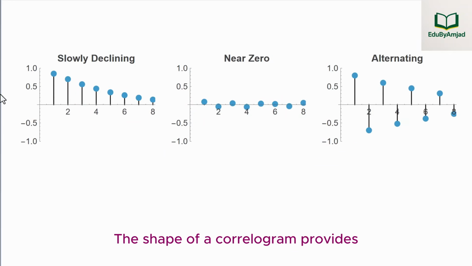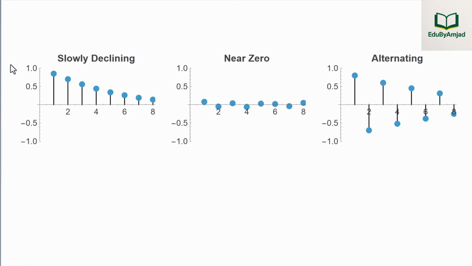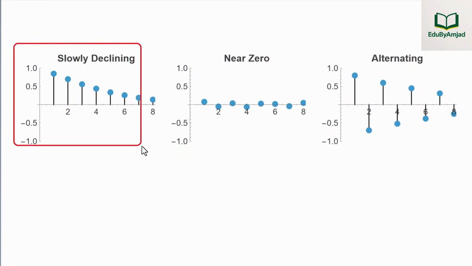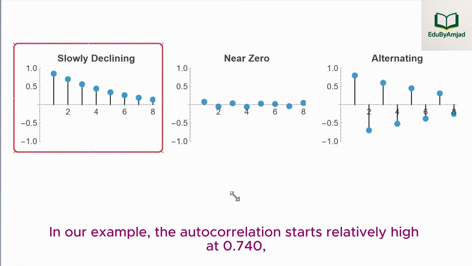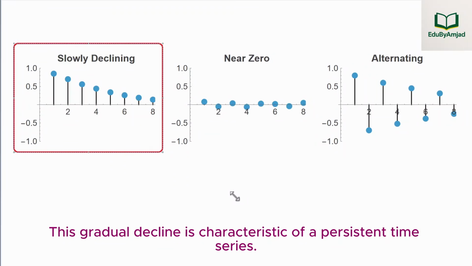The shape of a correlogram provides important information about the underlying time series. In our example, the autocorrelation starts relatively high at 0.740, falls to 0.542 and 0.392, and then gradually approaches 0. This gradual decline is characteristic of a persistent time series.